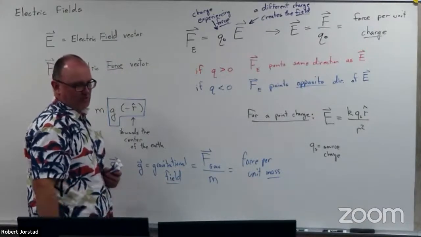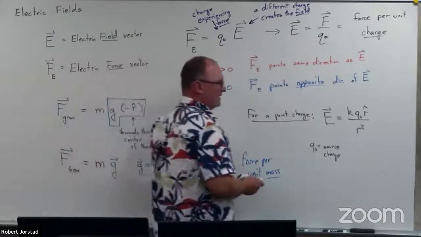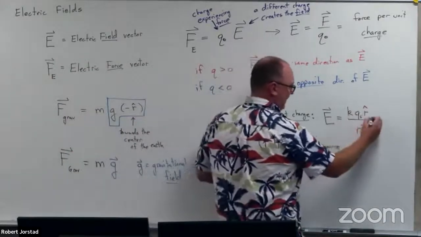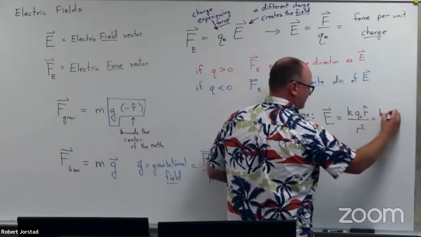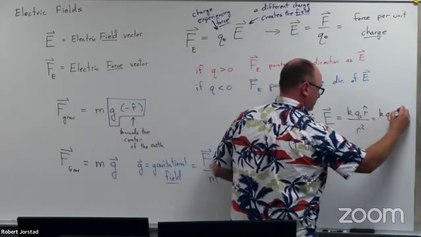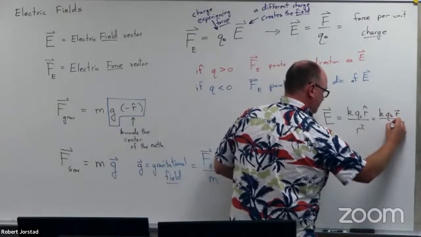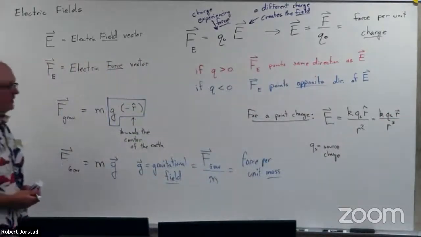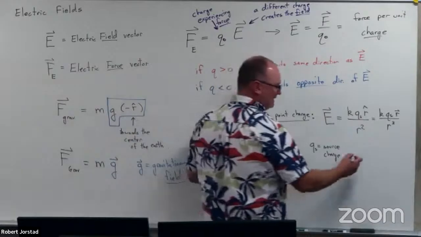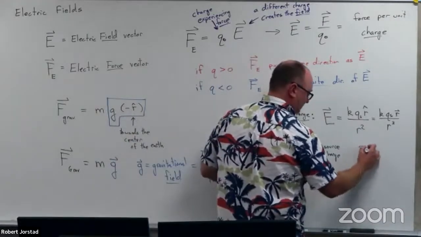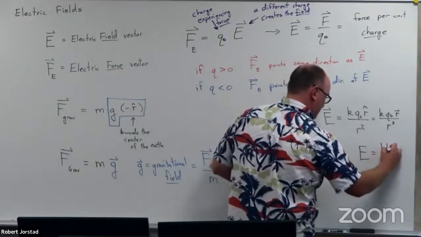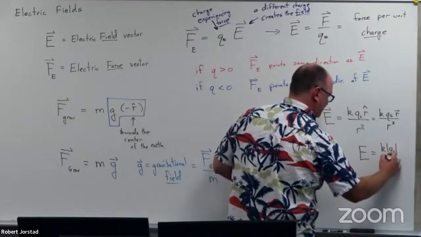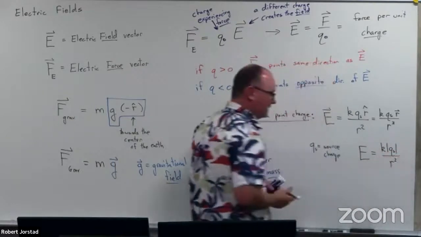And just like before in forces, we can avoid dealing with this r-hat in this manner. Furthermore, I could get the magnitude only if I use the charge magnitude. Okay?